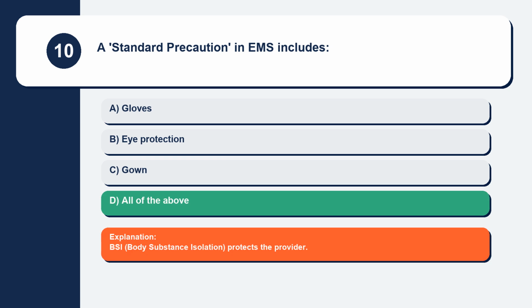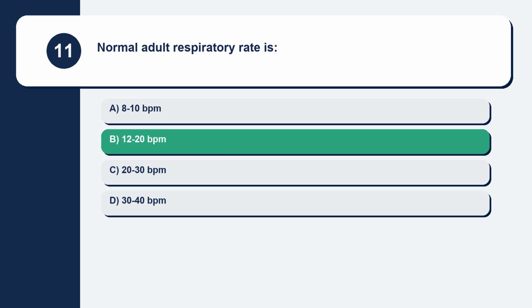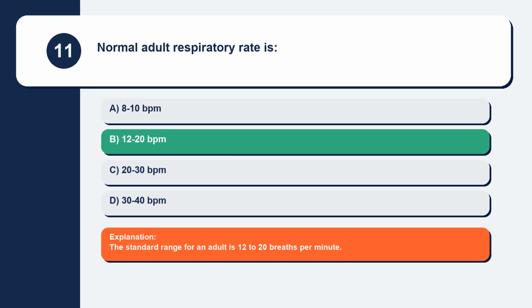BSI, body substance isolation, protects the provider. Question 11. Normal adult respiratory rate is 8-10 BPM, 12-20 BPM, 20-30 BPM, 30-40 BPM. The standard range for an adult is 12 to 20 breaths per minute.